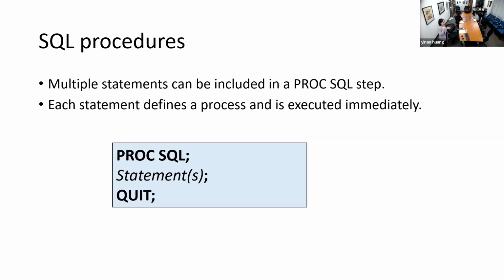And the code ends with QUIT and a semicolon. Remember, in basic SAS, it ends with RUN and a semicolon. For PROC SQL, it ends with QUIT semicolon. Between the PROC SQL semicolon and the QUIT semicolon, there are multiple statements you can write based on your needs. It's really straightforward.